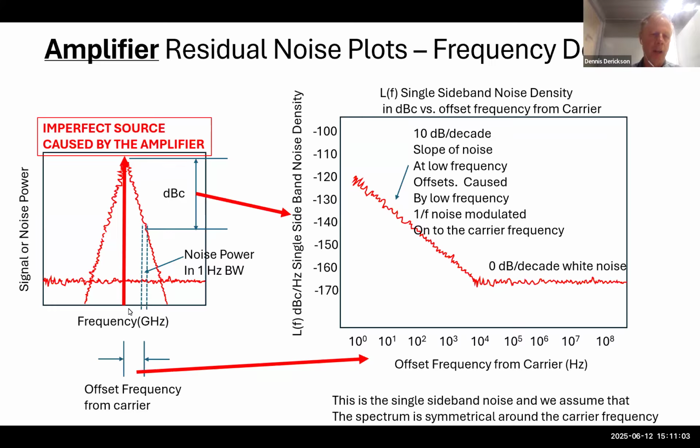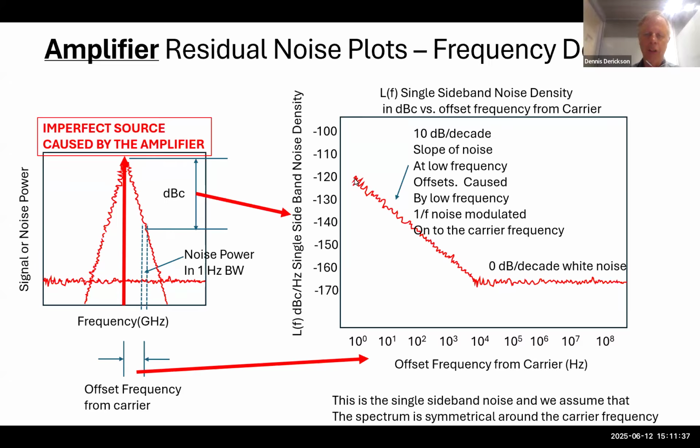This plot is going to have on its horizontal axis offset frequency from the carrier. So here's this noise slice of 1 hertz of noise, and it's offset a certain frequency. Let's say that is 1 megahertz offset from the carrier. We'll take that power, compare it to the carrier power, and we'll make one plot right here showing a point at a certain offset frequency. Then we'll go to a different offset frequency, measure the dBc, go over here and plot it.